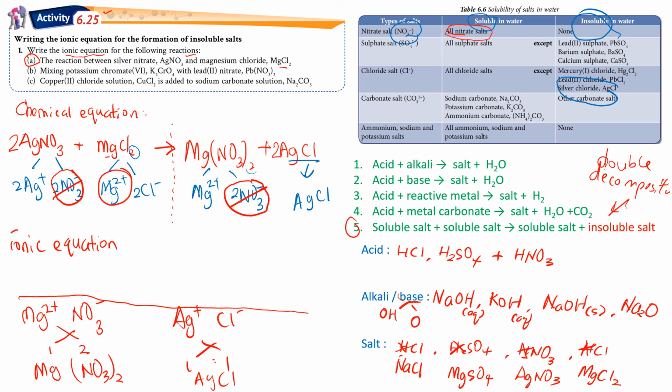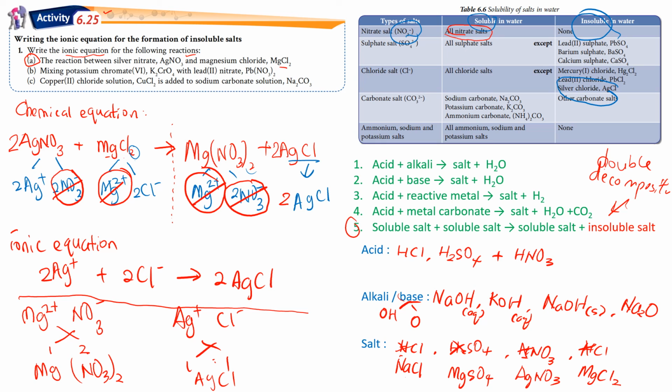Magnesium ion on the reactant and product sides cancels. Chloride ion cannot cancel. Now you have 2 silver chloride. For the ionic equation, you just write down all the ions left: 2 silver ions plus 2 chloride ions to form 2 silver chloride.